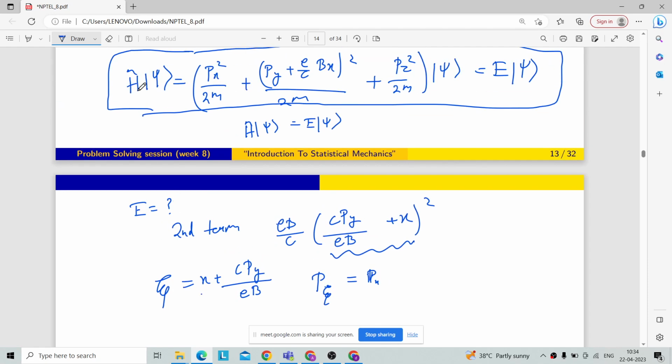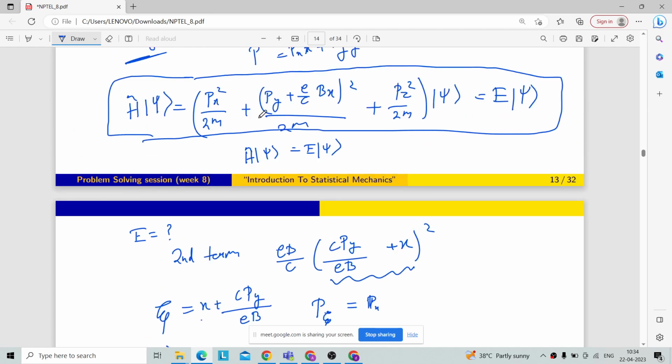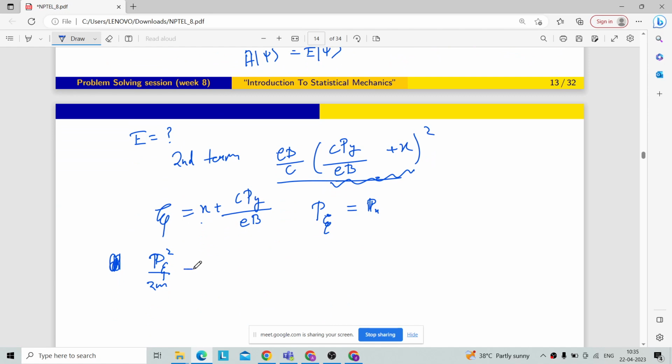Then my Hamiltonian will become, or let's write the Schrodinger equation itself. So Px was there in the first term, so this will become p zeta square over 2m. Then in the second term I wrote like this. So this is zeta now, plus 1 over 2m times eB over c, then this is zeta square. Right. This is the second term.